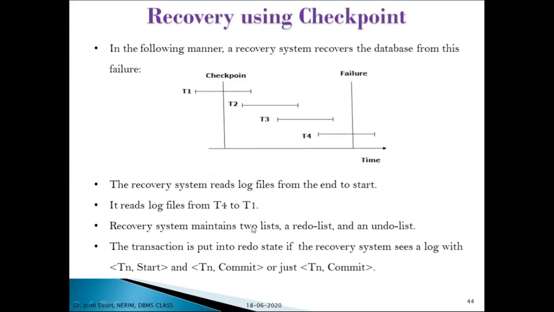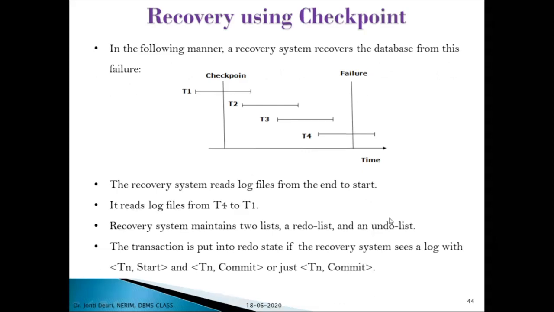The recovery system maintains two lists, the redo list and the undo list, right? A transaction is put into the redo list if the recovery system sees a log with start and commit, or just commit. And it goes into the undo list if there is only start, with no commit or abort statement.